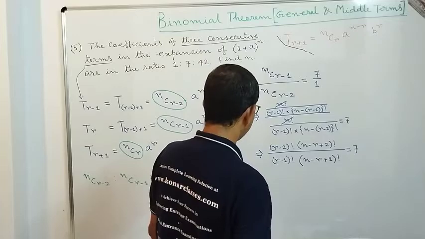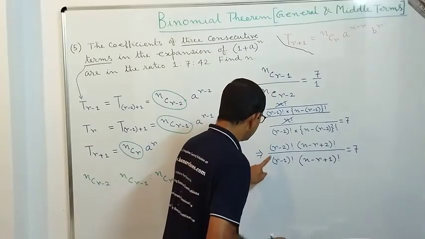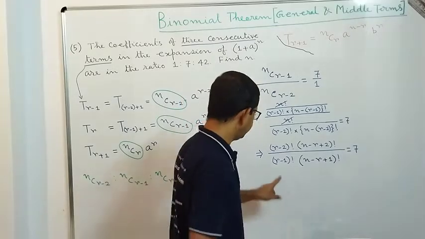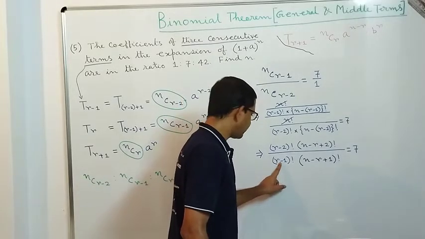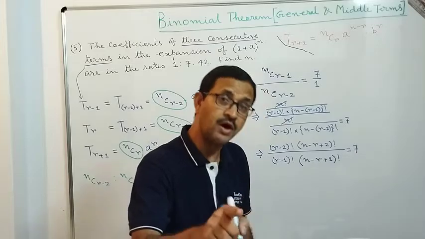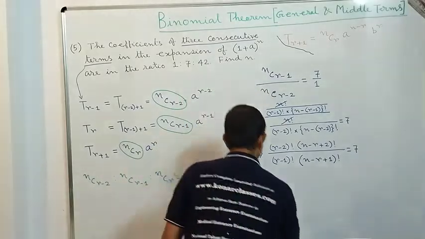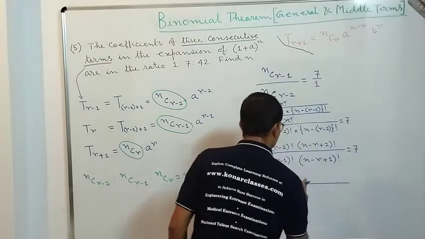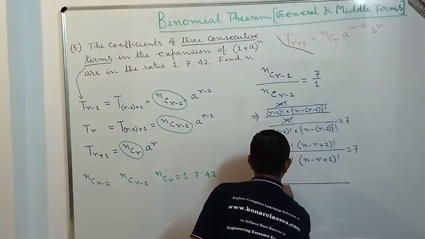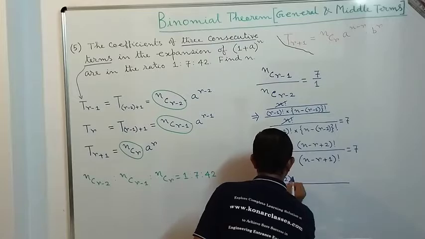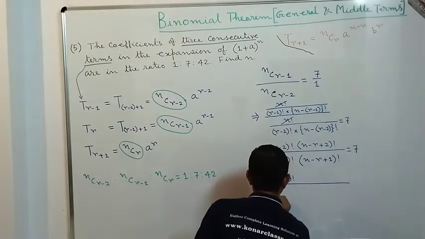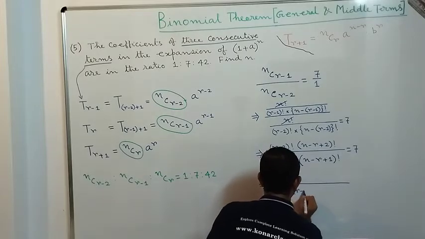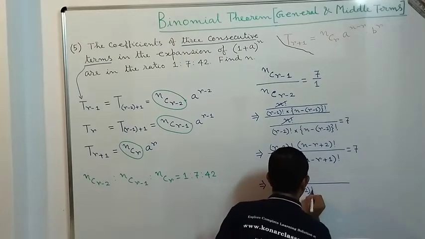Correct? Now what we get? Between r minus 2 and r minus 1, r minus 1 is larger. So we can write r minus 1 factorial as r minus 1 into r minus 2 factorial. We know why we are writing this, because we know that n factorial is equal to n into n minus 1 factorial. So we get r minus 2 factorial, and in the denominator we write r minus 1 into r minus 2 factorial.